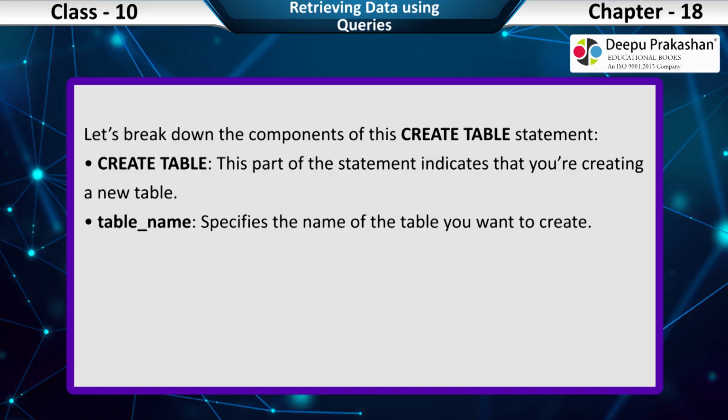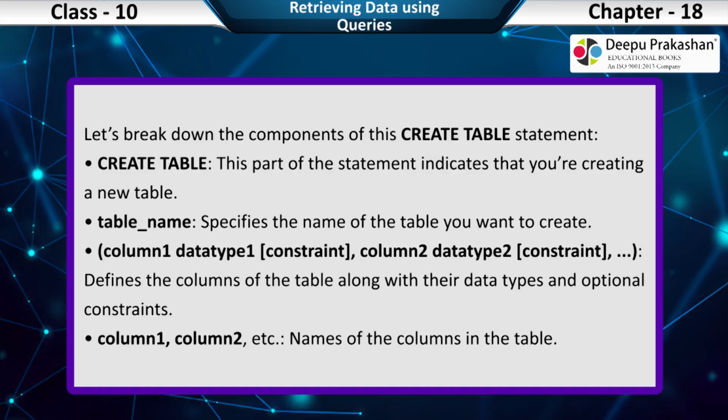Table_name specifies the name of the table you want to create. Column 1 data type 1, constraint, column 2 data type 2, constraint, defines the columns of the table along with their data types and optional constraints. Column 1, column 2, etc. are the names of the columns in the table.